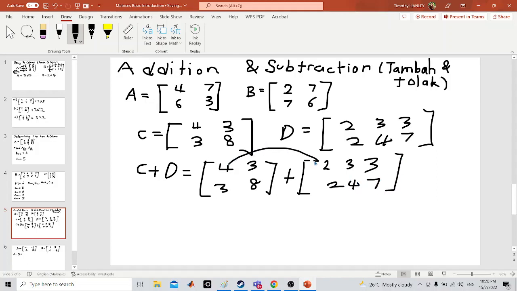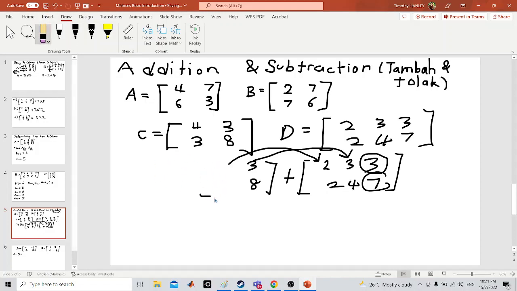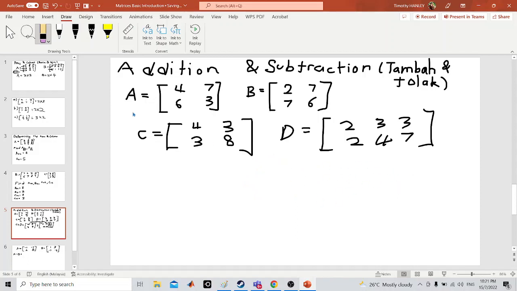We plus this and plus this, but we cannot plus the third one. So as you can see, we are not able to solve this. So why is that? Because it has a different form of matrix.